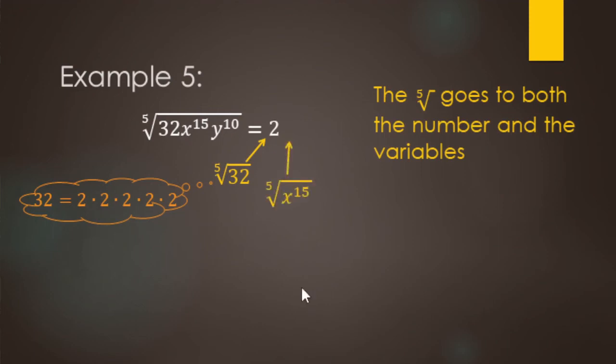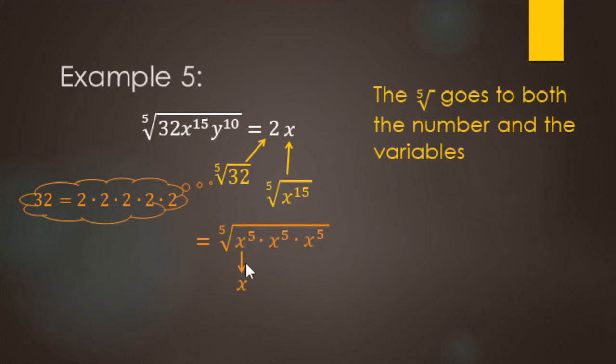Now let's look at the fifth root of x to the 15th. Well, we already know that's going to be an x to some power. And we know that the exponent of 5 and the fifth root, they undo each other. So if we just have an x to the 5th there instead of a 15th, that's going to give us plain old x. Well, we're looking for x to the 15th. How many of these x to the 5ths do we have? That's going to make x to the 10th with the 2 5s, and there's x to the 15th.